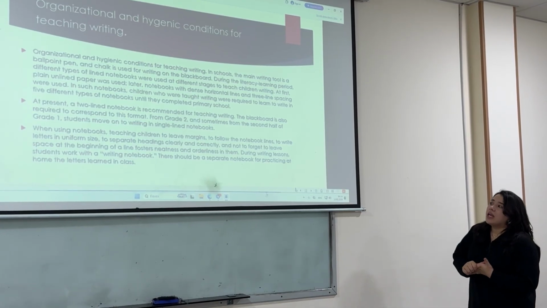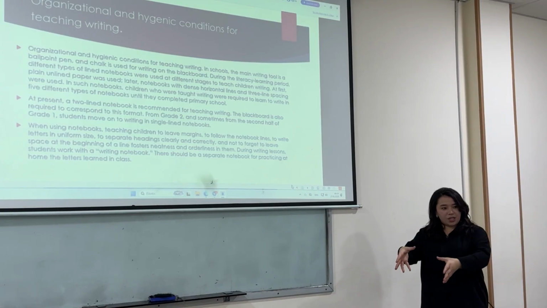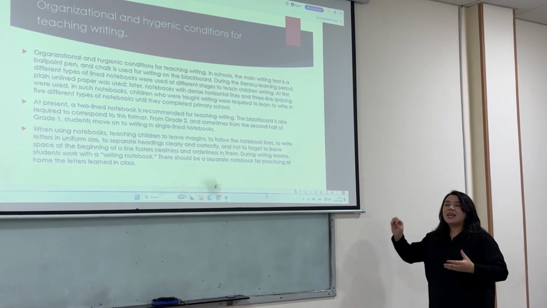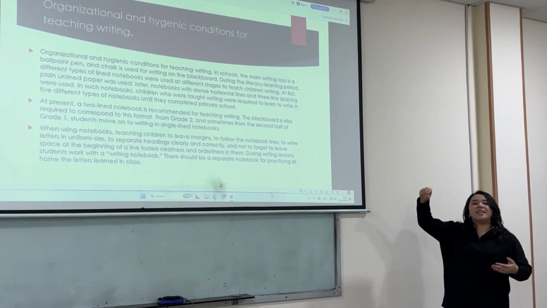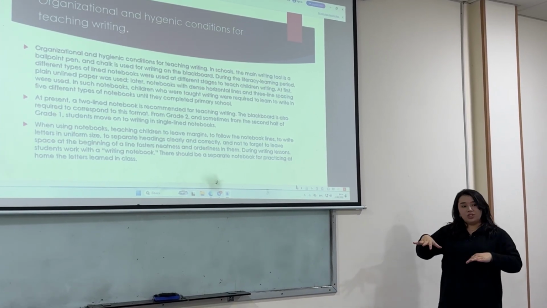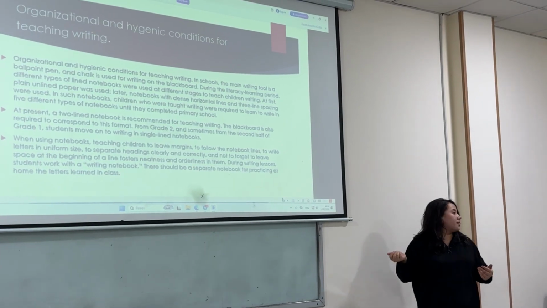And when we teach the students how to write letters, there is also another method. It is to draw a letter in the air. In this situation, students can remember how to write a letter.